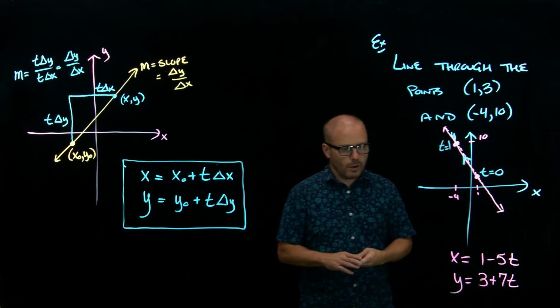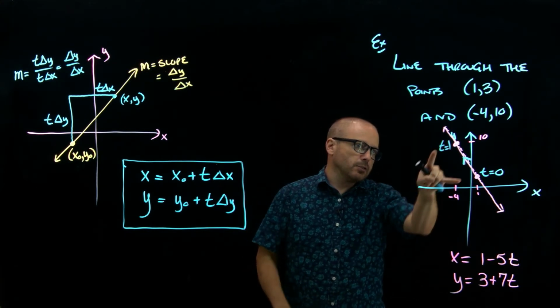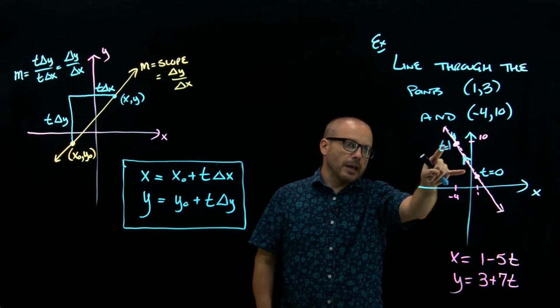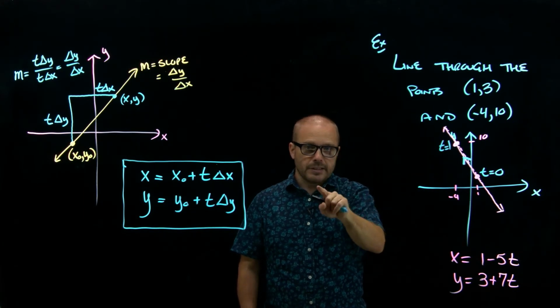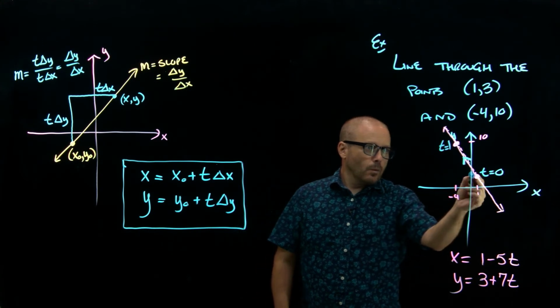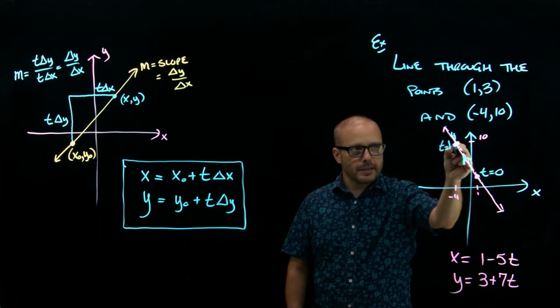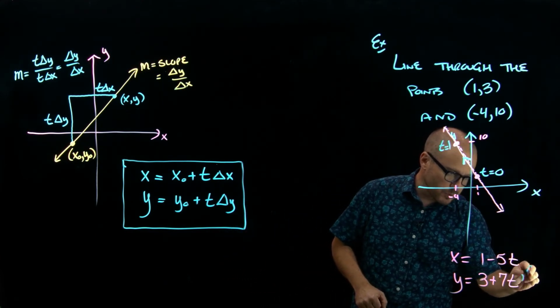Now, one result of this is if you didn't want the entire line, if you just wanted that line segment, and this is something you'll do in Calc 3, you'll describe a path around a rectangle, for example, as 4 line segment paths hooked up. Well, if I just want the line segment from that point to that point, all I have to do is add something on here, a little domain restriction, right?